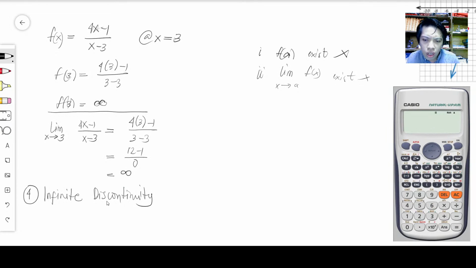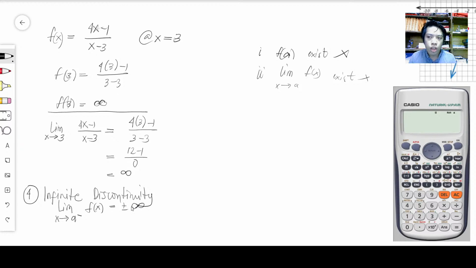Its characteristic is that the limit of the function as x approaches a certain number from the left approaches positive or negative infinity.